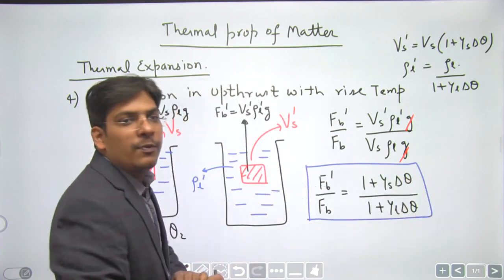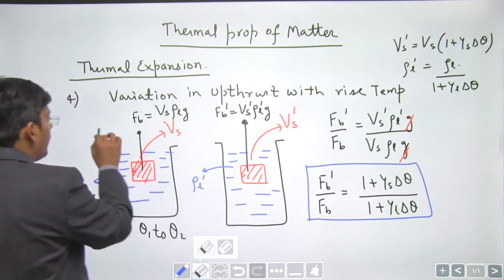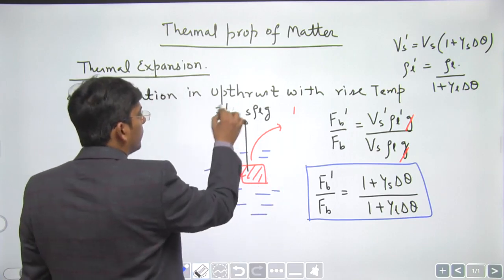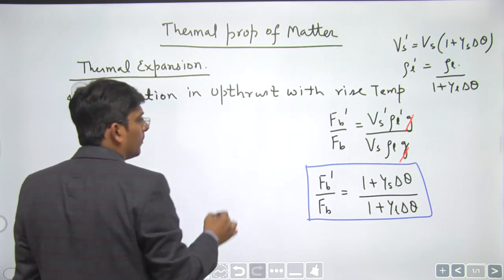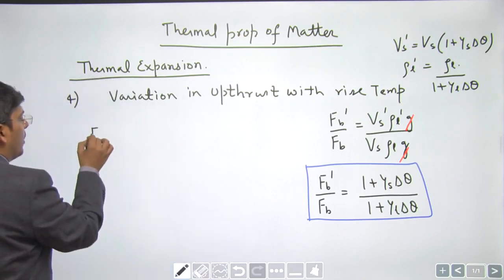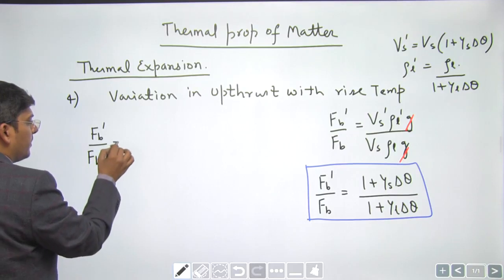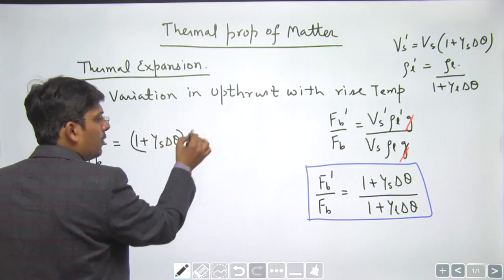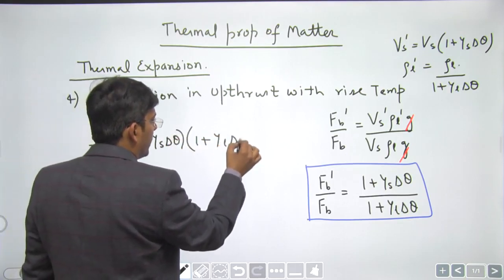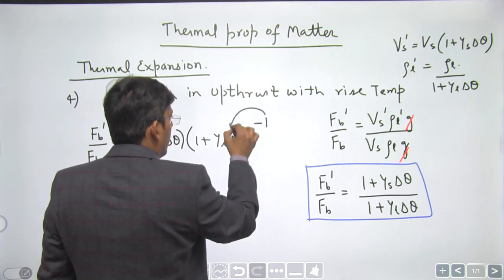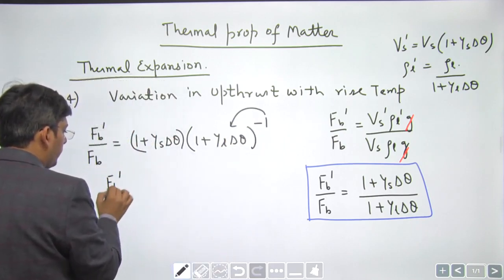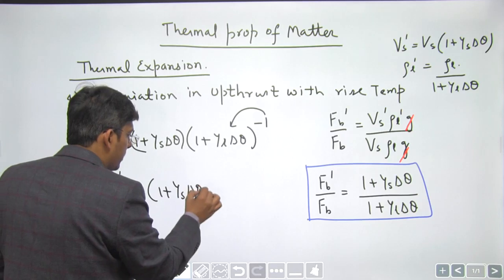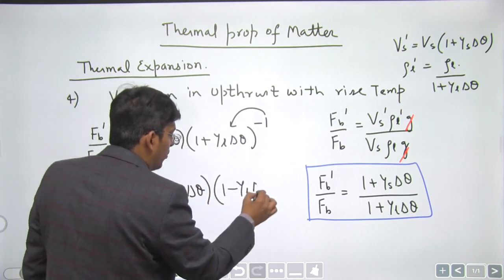But we can make an approximate formula out of this. So the new value of upthrust divided by the original value of upthrust is equal to, dear students, 1 plus gamma of solid into change in temperature, into 1 plus gamma of liquid into change in temperature raised to the power minus 1. Binomial approximation, the power comes inside: 1 plus gamma of solid change in temperature, 1 minus gamma of liquid into change in temperature.